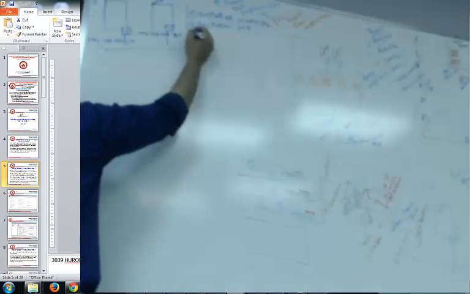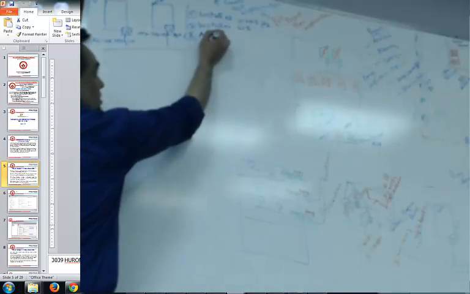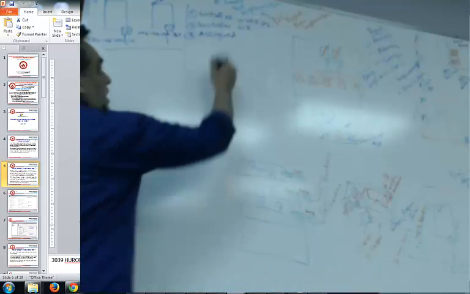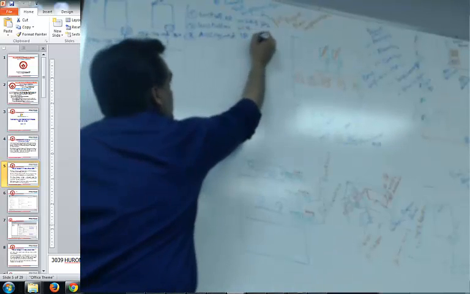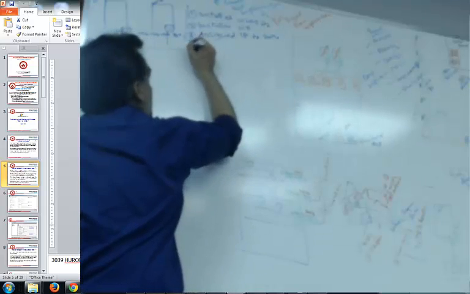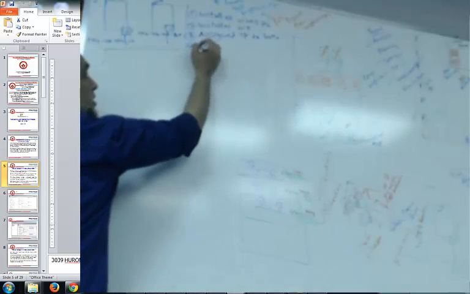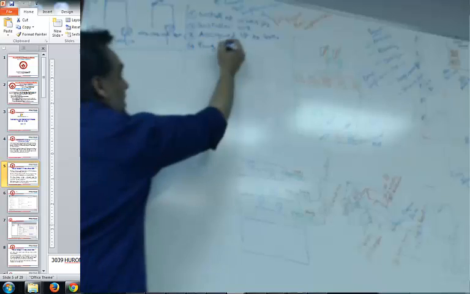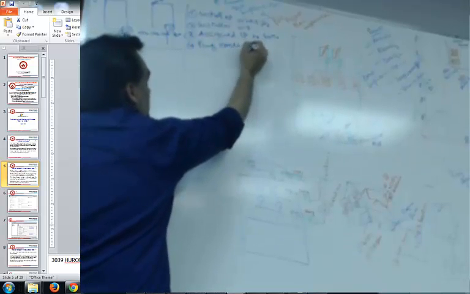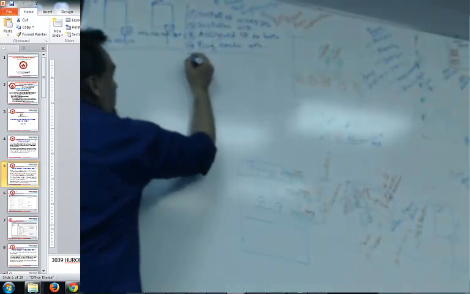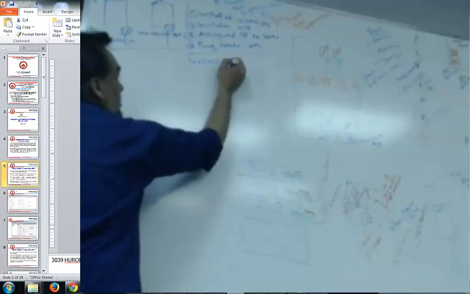Number 3, then we assigned IP addresses to both. Number 4, then we pinged, server first, and then each other. And today we're going to install Active Directory. Install AD.